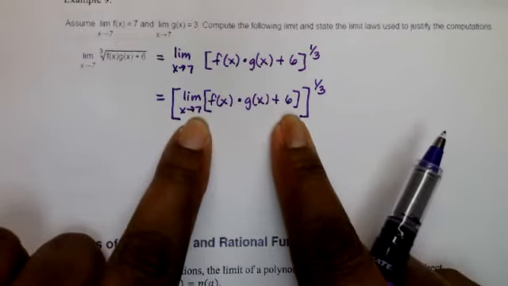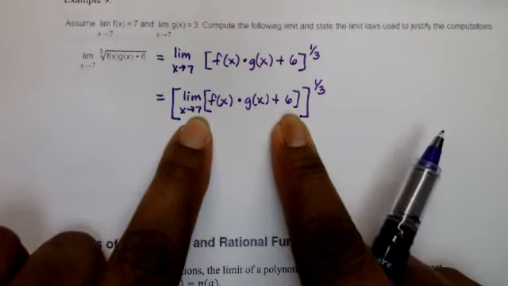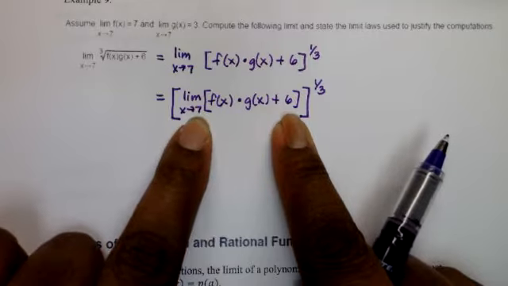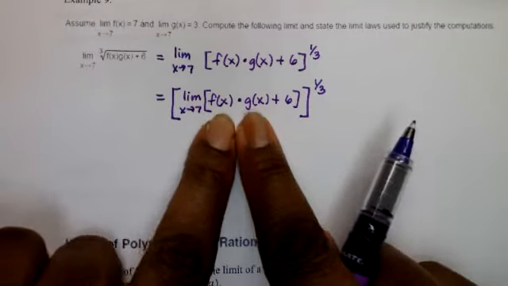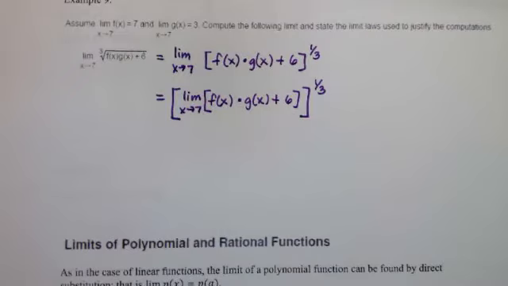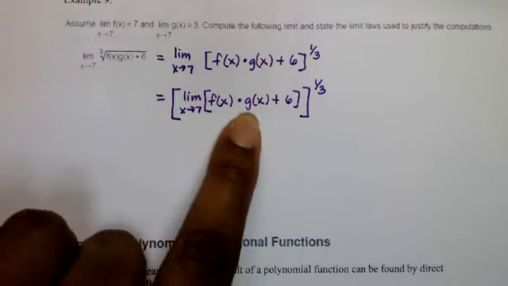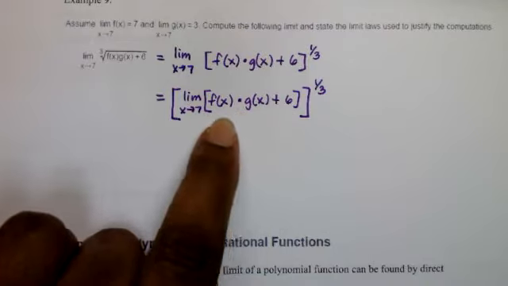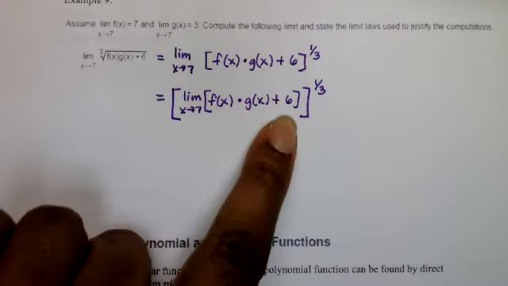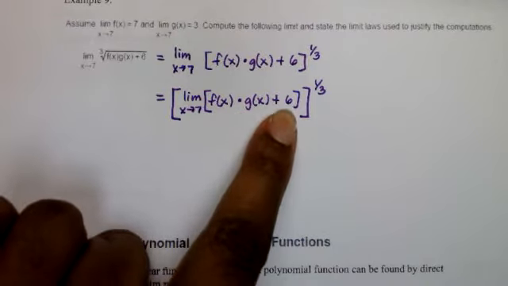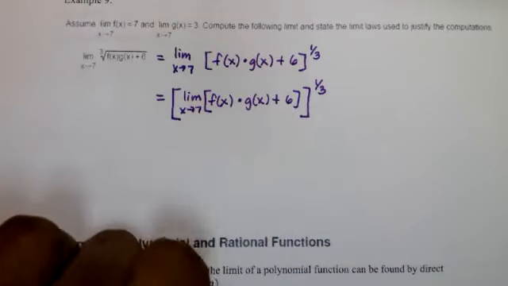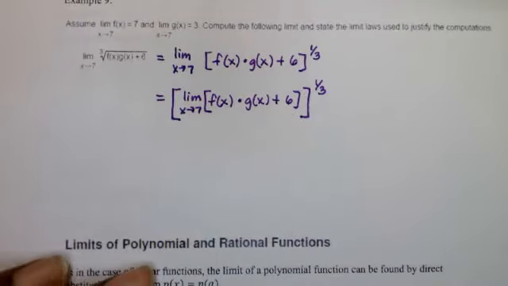All right, now let's focus on what's inside this bracket right here. I'm going to use a combination of two different rules, the product rule and the sum rule. Because notice I got the limit of a product that can be written as the product of their individual limits, and the limit of a sum can be written as the sum of their individual limits.